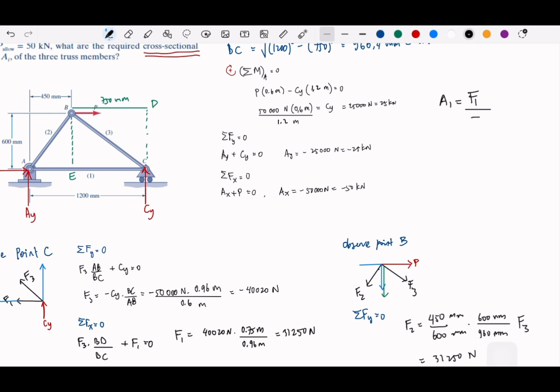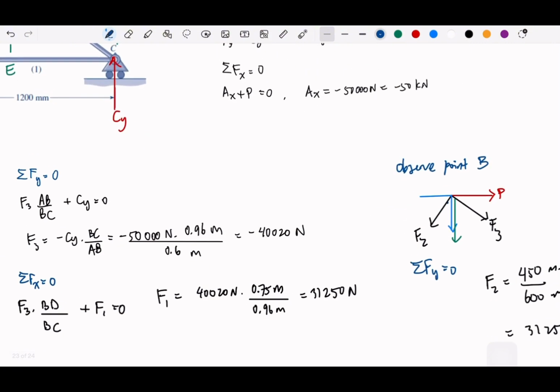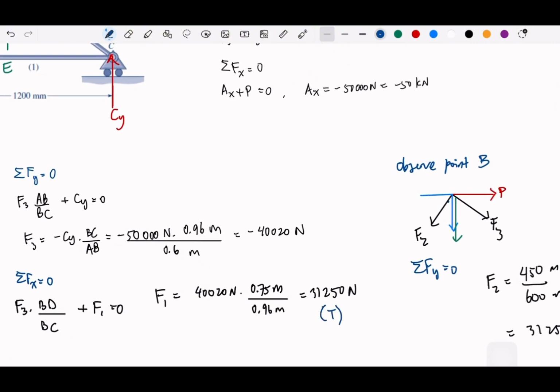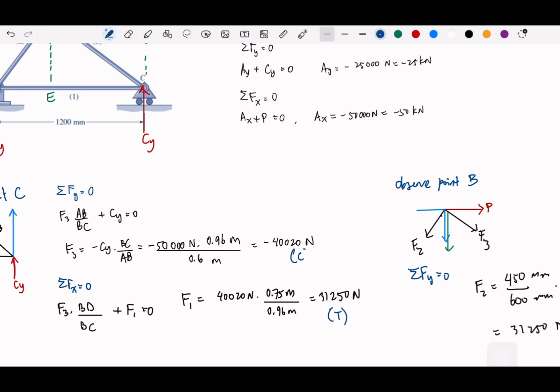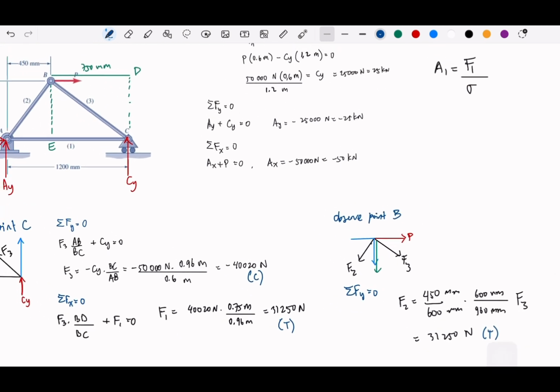This could be tension or compression. So let's say we have the F1. The F1 result is positive, right? It's supposed to be tension. This is compression. This is tension. So this will be using the tension.